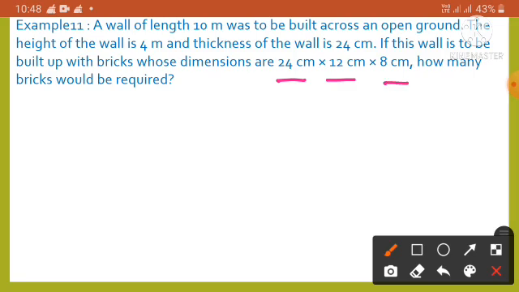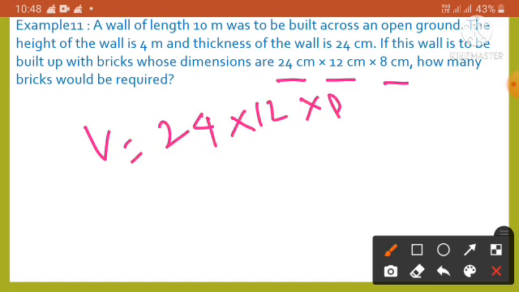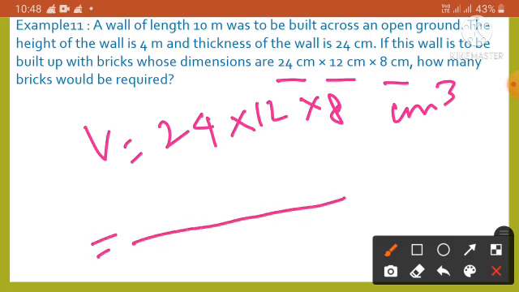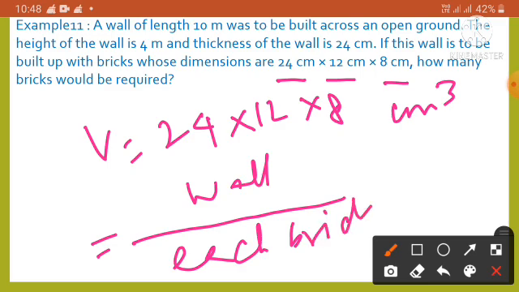So the volume of each brick will be 24 into 12 into 8 centimeter cube. Now the question is the number of bricks required. So the number of bricks required will be equal to the volume of the wall divided by the volume of each brick.